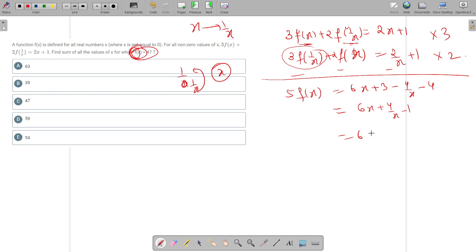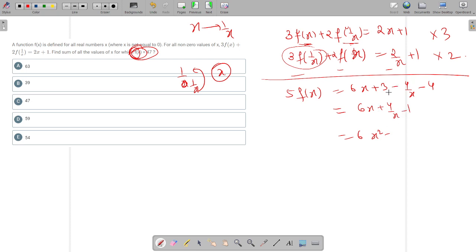Or we can write this as 6x square minus x, or minus 3 plus 4, 3 to 3 minus 4. Okay, so 6x square.